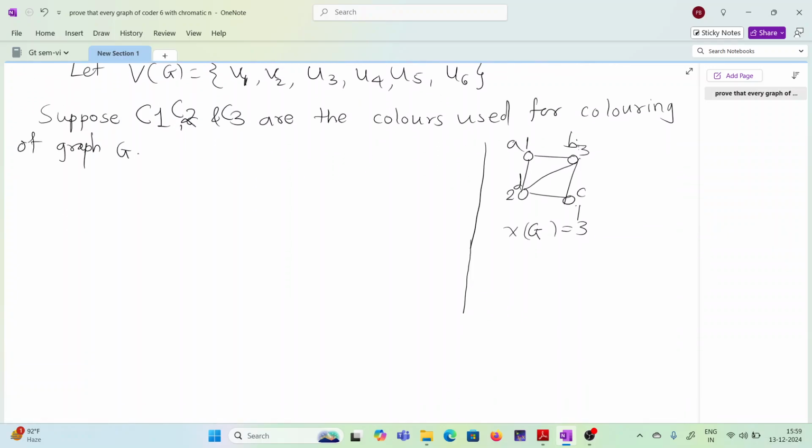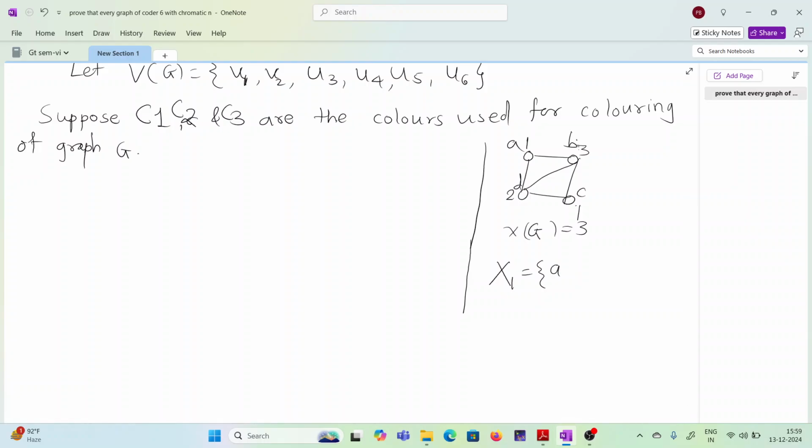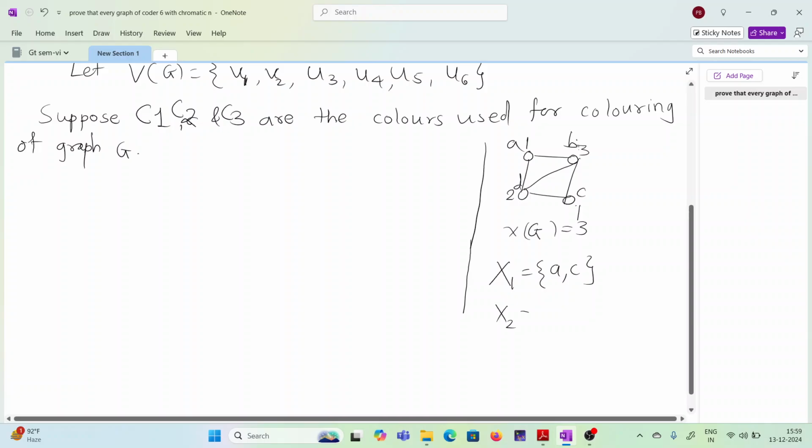Suppose the first vertex set is capital X1, where I am considering all the vertices with color 1. So the vertices with color 1 are A and C. I am considering the set X2 with the vertices of graph G with color 2.